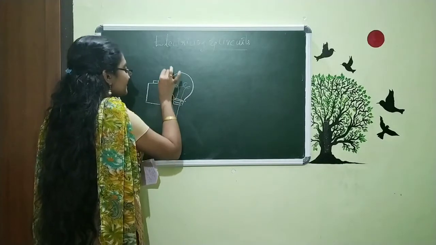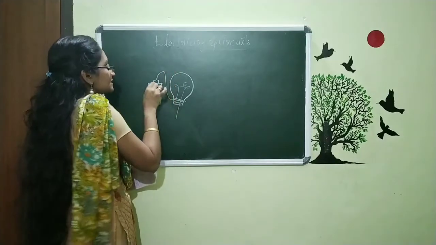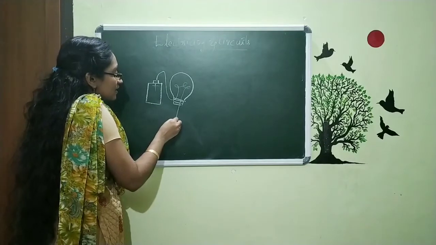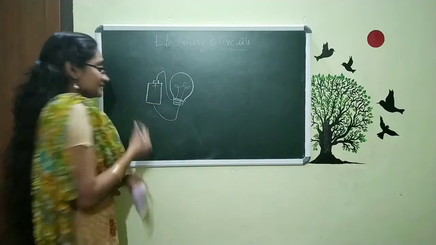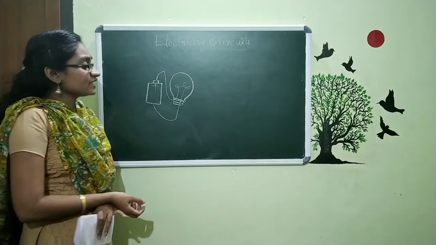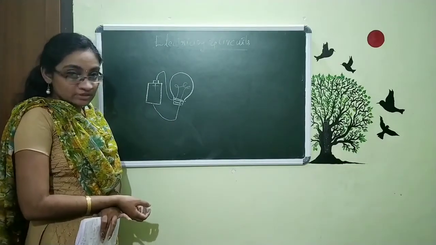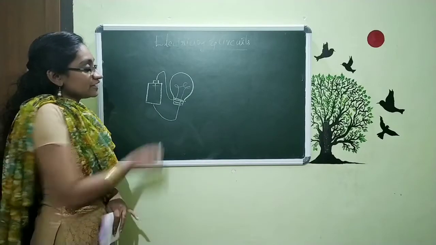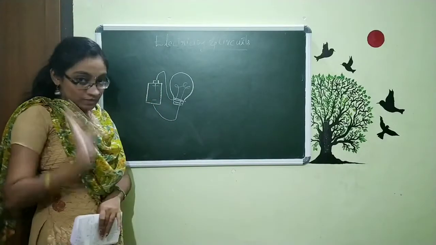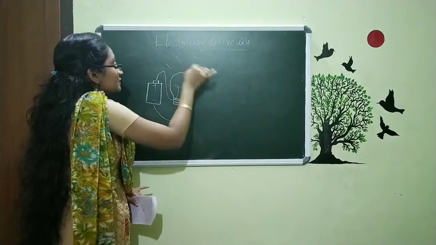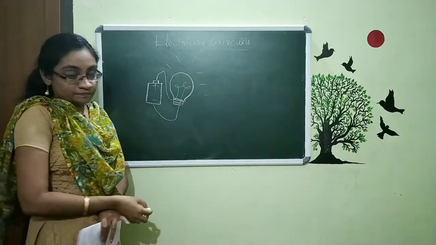I am connecting this with a wire on this terminal, positive, and I am just connecting this. Now what happens to this bulb? Will the bulb glow or not? Generally, if our battery is okay, and our bulb is okay, then this bulb will glow.